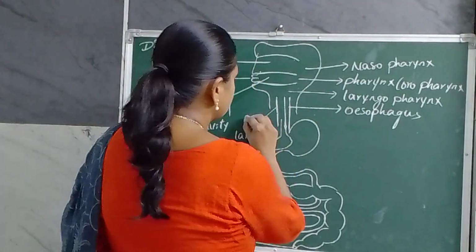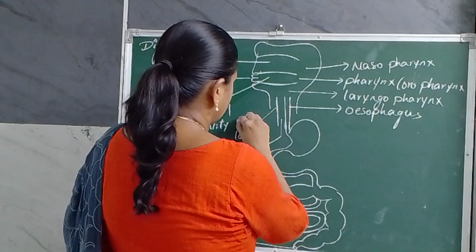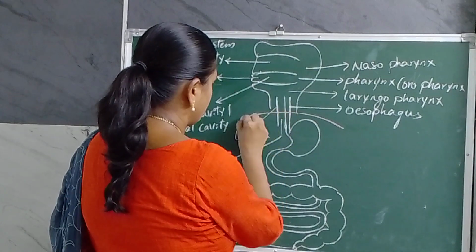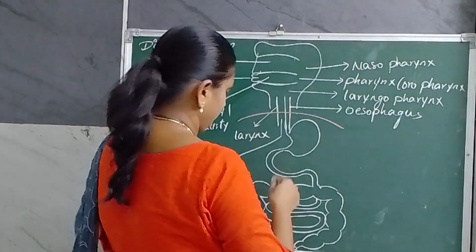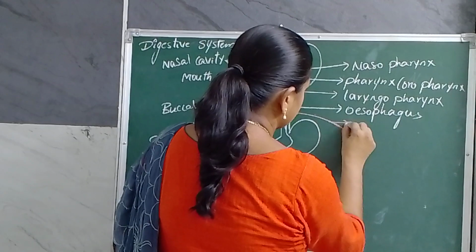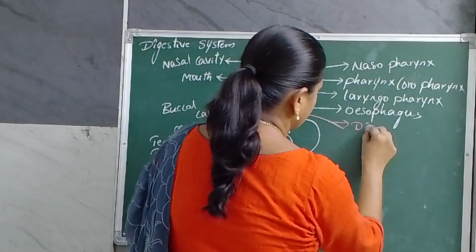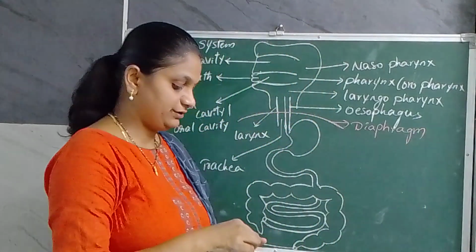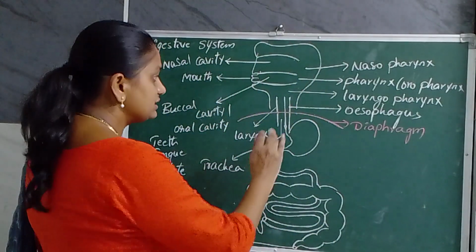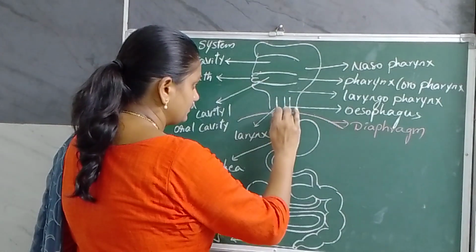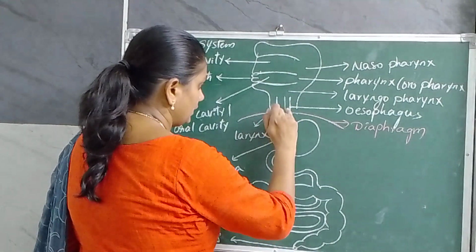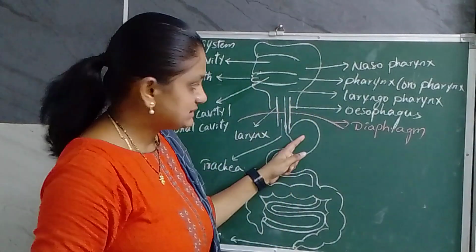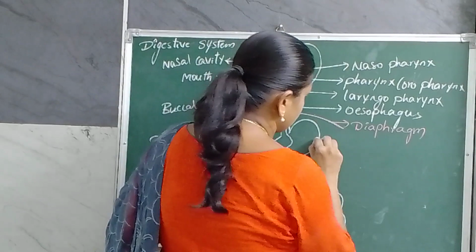Okay, so here this is nothing but muscular diaphragm, and the esophagus pierces this diaphragm and opens into which region in a stomach?